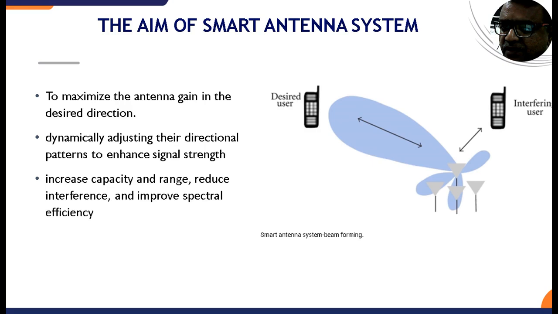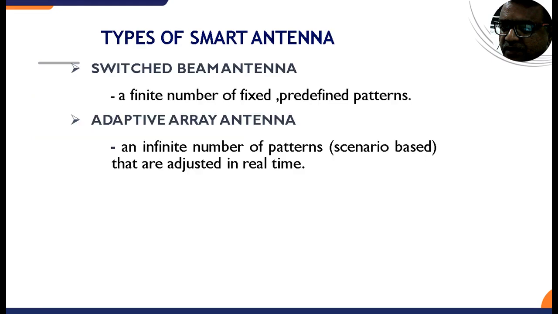See the figure, the desired users can access this smart antenna system where interferers cannot access the system. So it dynamically adjusts the directional patterns to enhance the signal strength. This smart antenna can activate beam forming techniques in the specific locations, increasing capacity and range, reducing the interference and improving the spectral efficiency.